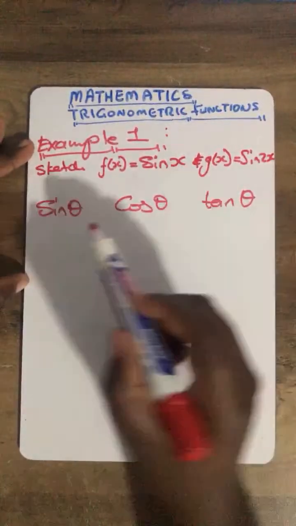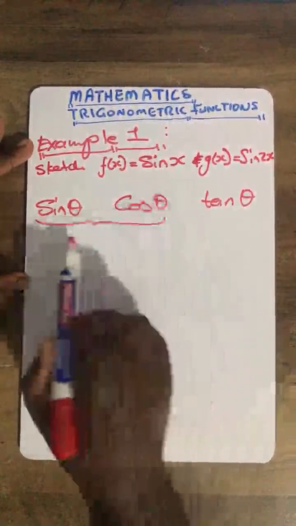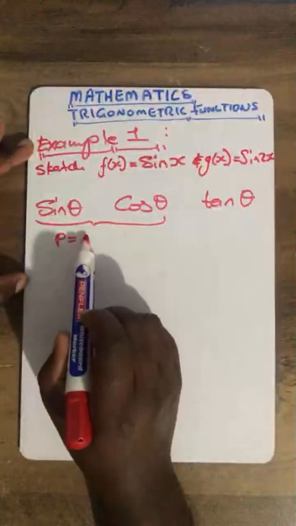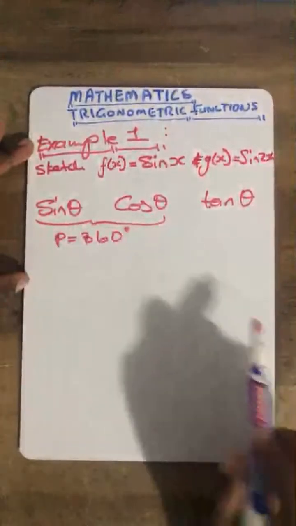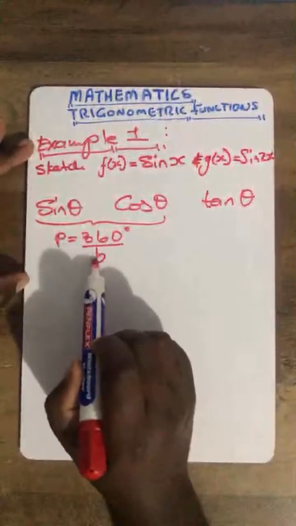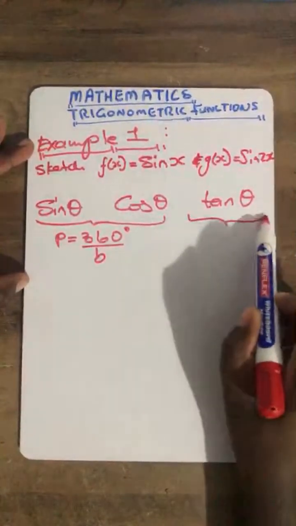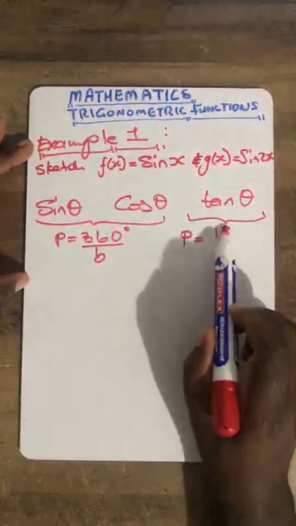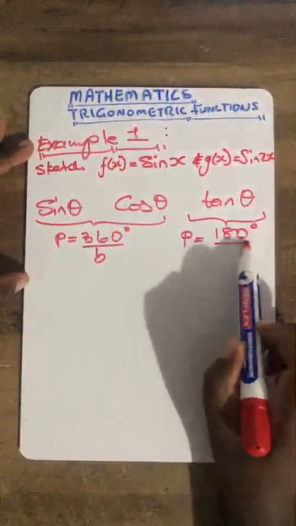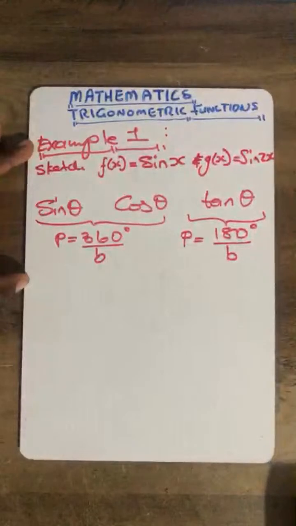Then we said the period for sine and cos is 360 degrees divided by b. The period for the function of tan is 180 degrees divided by b. The question now is, which b, or where are you going to find the b?